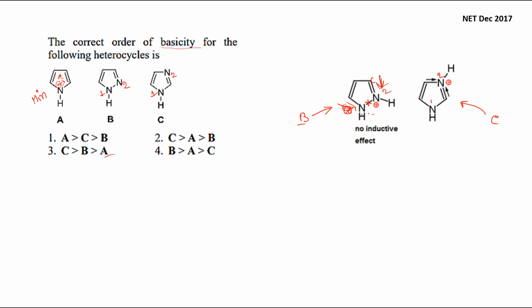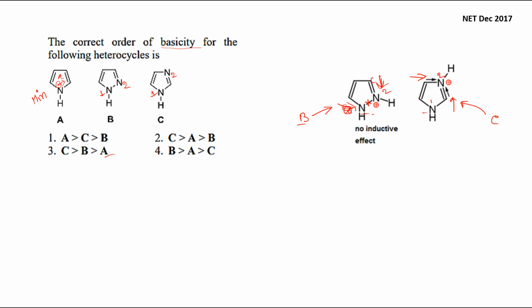But on the other side we have nitrogen. I am talking about N2. Just focus on nitrogen 2. Here inductive effect is coming only from one side, but in the second case it is coming from both sides, because nitrogen is far from this at 3 position. So that is why it will have some more stable character than B.